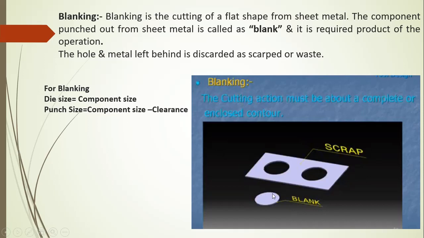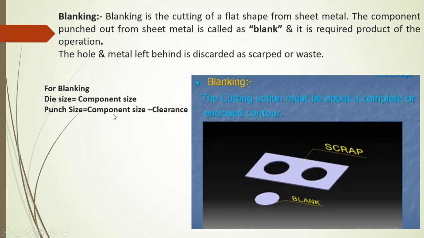If that disc has a diameter of 520 mm, then the die fitted at the bottom of the sheet metal also has a size of 520 mm. Then what about the punch? The punch we insert from the upper side, so the punch size must be less than the die size or the component size.